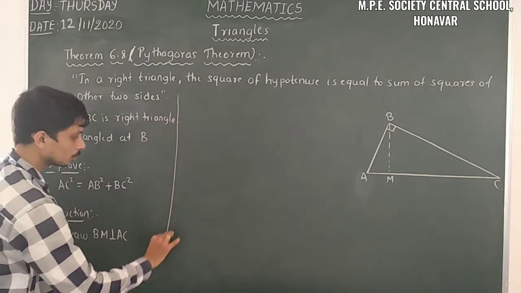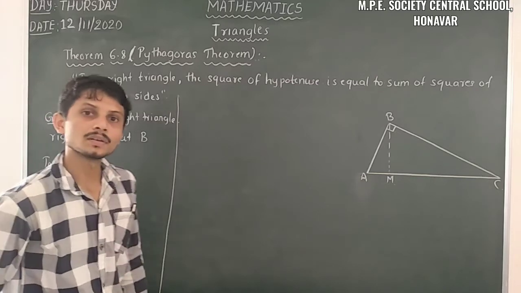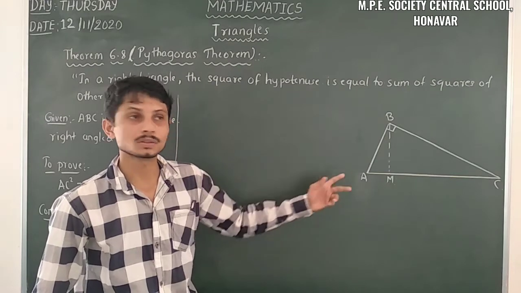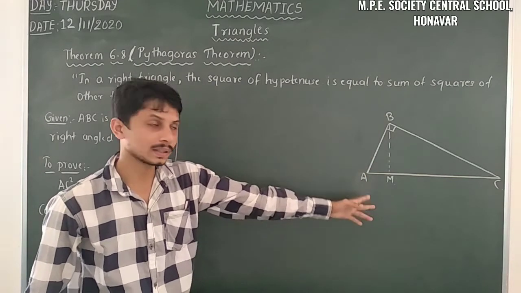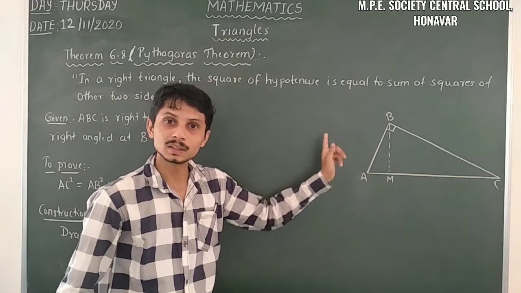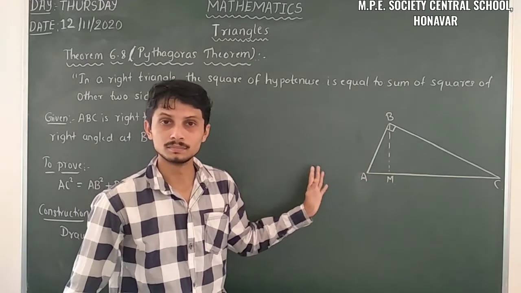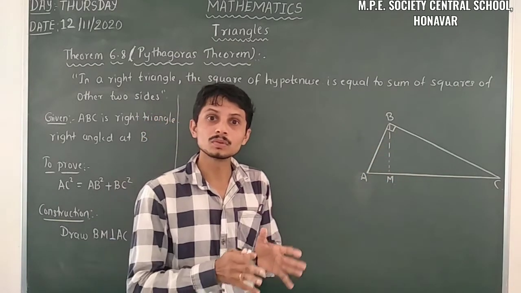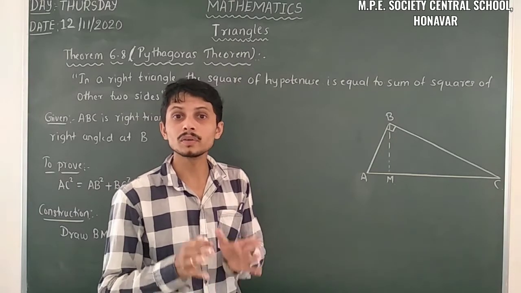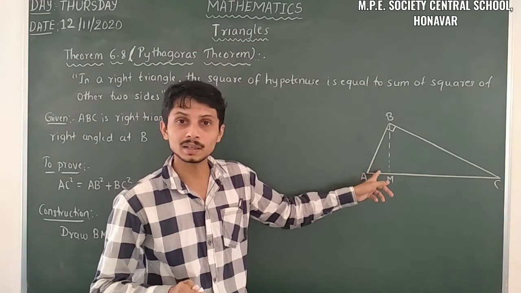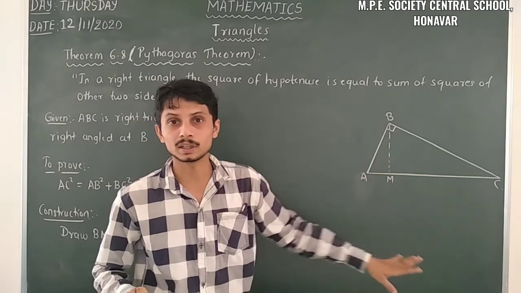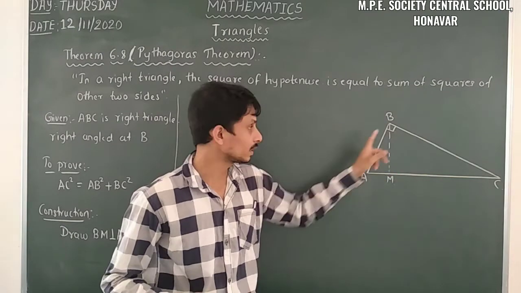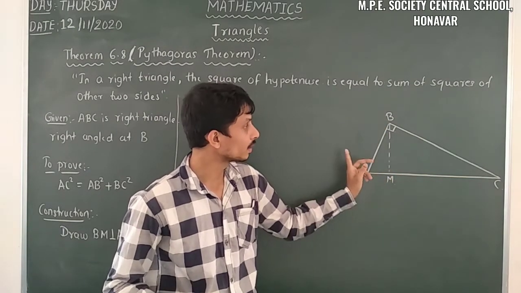So let us move on to the proof. Here we have a perpendicular we drew. After taking the perpendicular here we have two triangles. Individually both triangles are similar to the whole triangle. So we have to take the similarity between the small triangle and the whole triangle here. So consider the small triangle and the whole triangle, that is ABM and ABC.